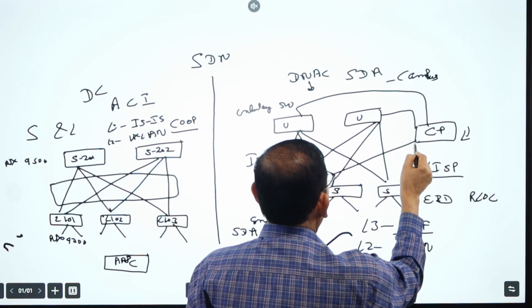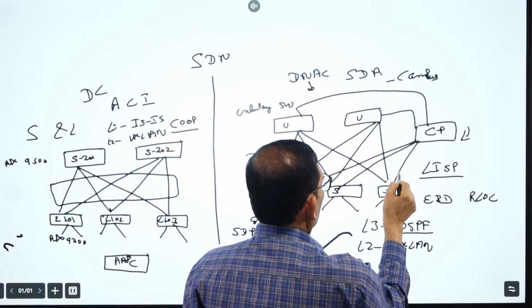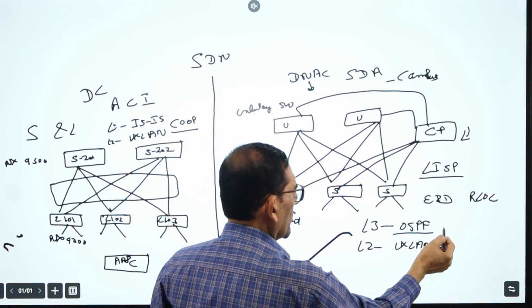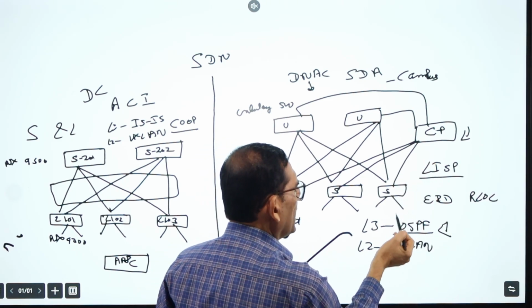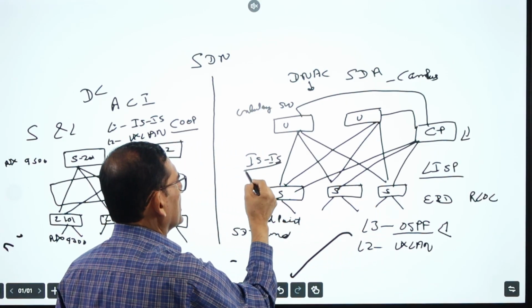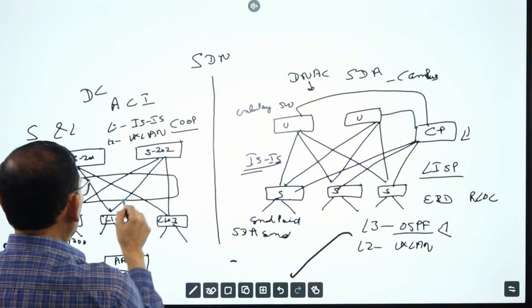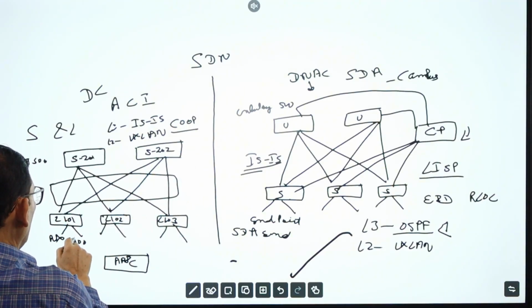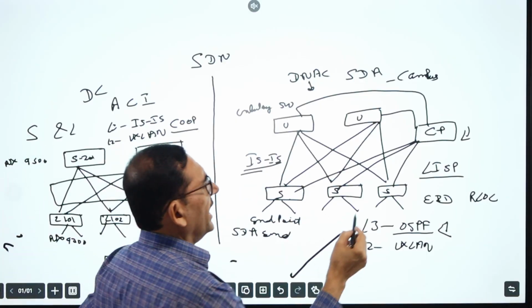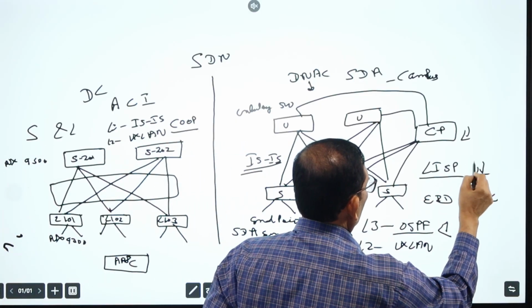These edge devices connect with the control part, that is to recognize the fabric. And then for the protocol, we have the flexibility. At the time of manual configuration, we can use any protocol. In the automation part, ISIS will automatically come. So the COOP protocol recognizes the devices which are connected with the leaf. In this part, that is called Location ID Separation Protocol.